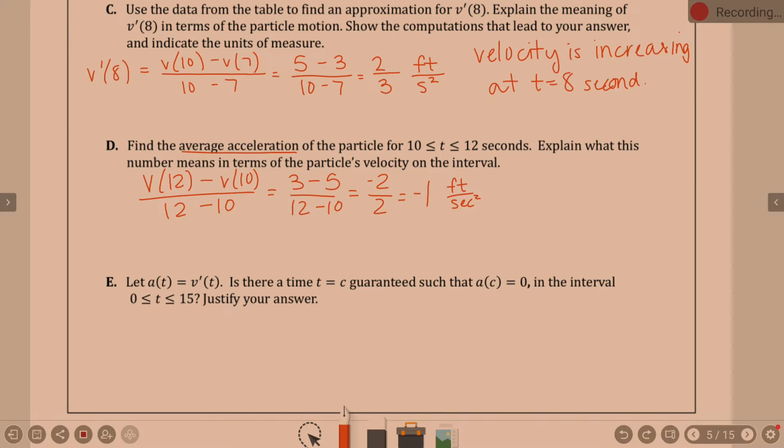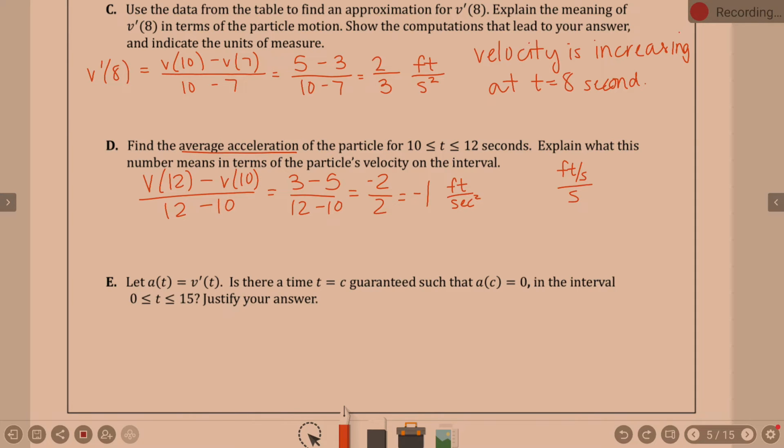Because think about it, if you're dividing velocity, which is feet per second, divided by time, which is seconds, so feet per second squared again. And explain what this means in terms of the particle's velocity on the interval. What is the velocity doing? A negative on the average acceleration says what about the velocity?